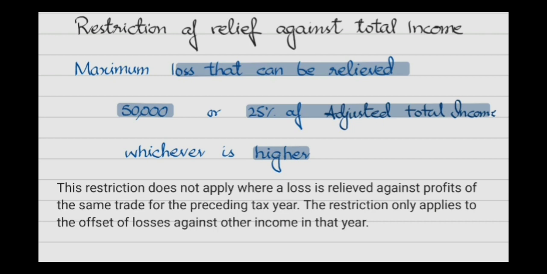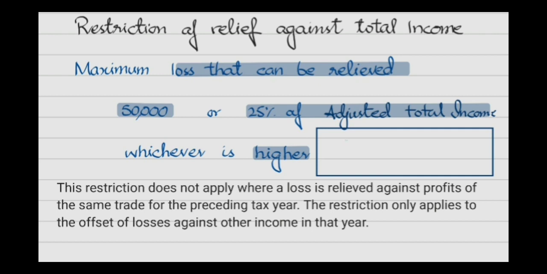Another important thing is that you have to identify the adjusted total income. Remember that it is different from adjusted net income, which we studied in the second chapter. There, when we had to adjust the personal allowance or child benefit charge, we considered a term named adjusted net income, but this is adjusted total income.